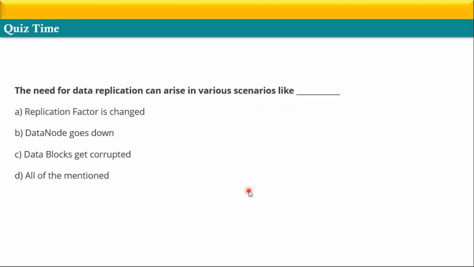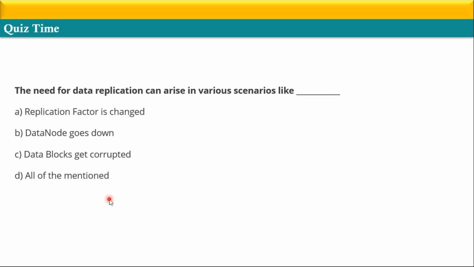Then moving further, the need for data replication can arise in various scenarios like: when the replication factor is changed, a data node goes down, a data block gets corrupted, or all of the above mentioned.